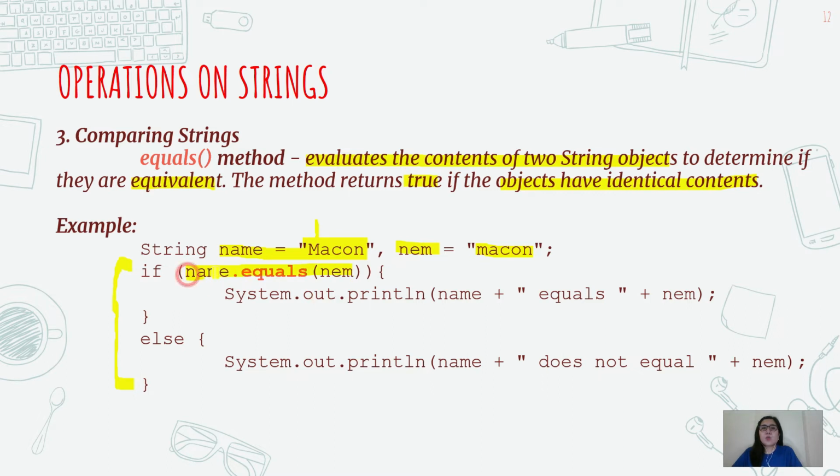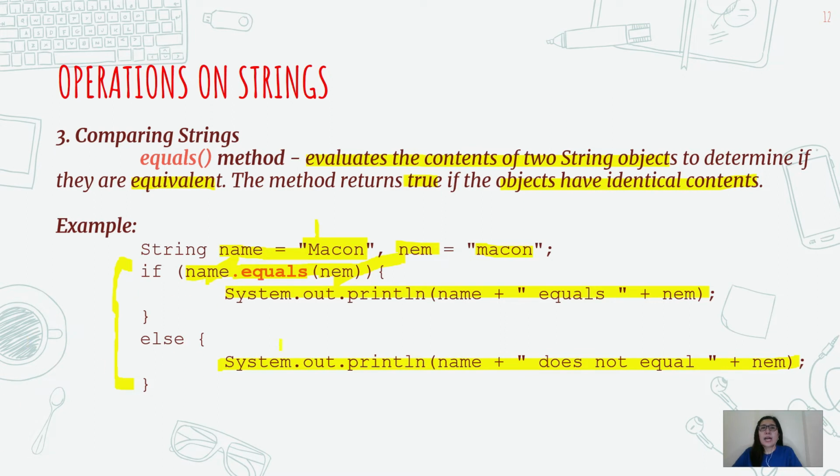The first one is kung ano yung i-compare na isa, that the method equals, at sa loob ng parameter niya is yung isang i-compare din. So, in this example, name with the uppercase M and name with all lower cases. So, kung ang condition na ito is true, pe-perform niya ito. But if it is false, pe-perform niya yung sa may second statement.